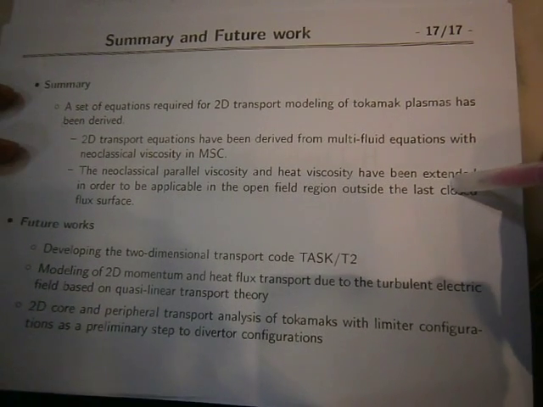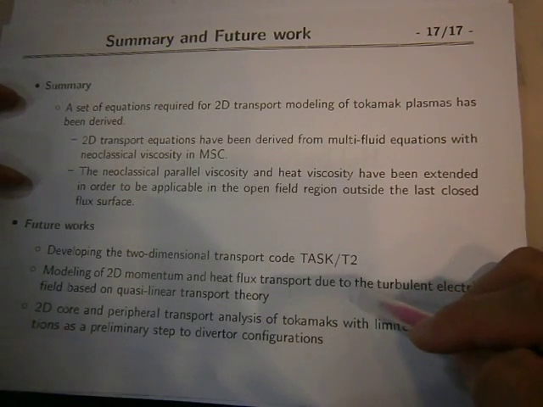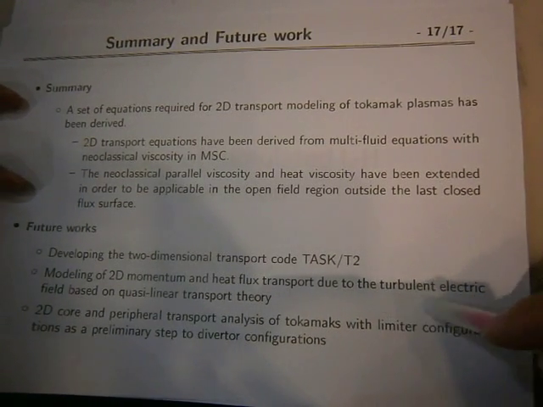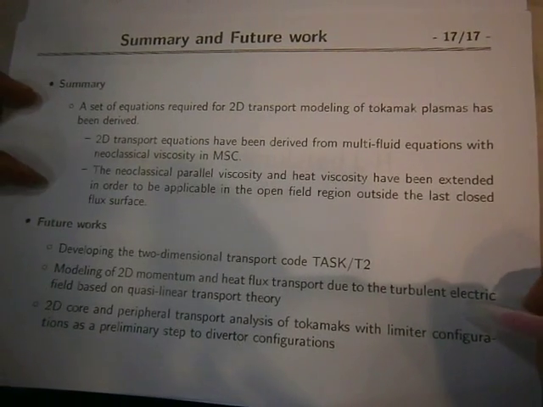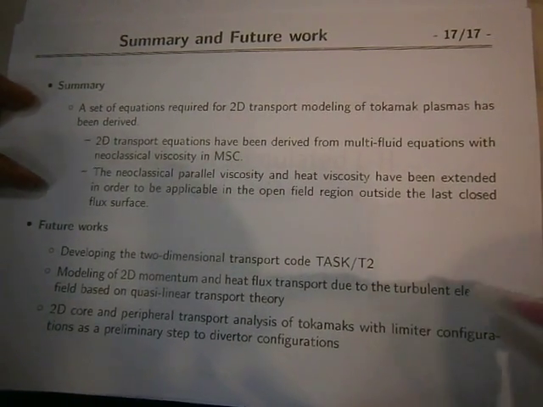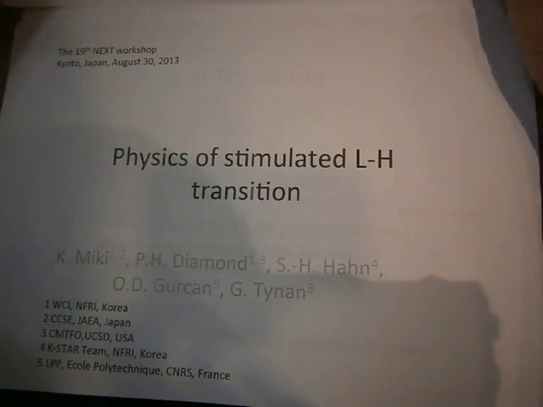Further work development two-dimensional transport task T2 and modern T2 high flux transport due to electrical field with baxial condition transport theory. With the further transport with the linear configuration, the fluid step direction configuration.